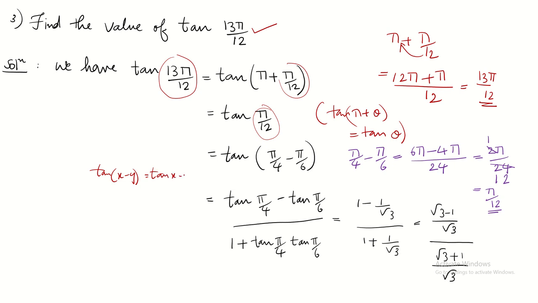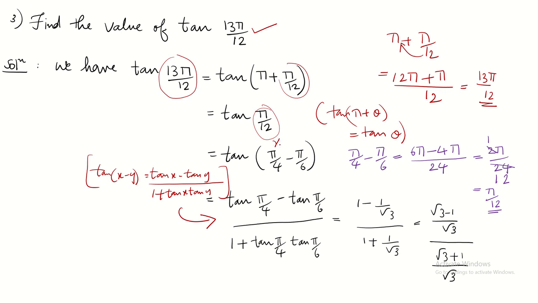Tan x minus tan y divided by 1 plus tan x tan y. Tan of x minus y is equal to tan x minus tan y divided by 1 plus tan x tan y. That is what you have used here.